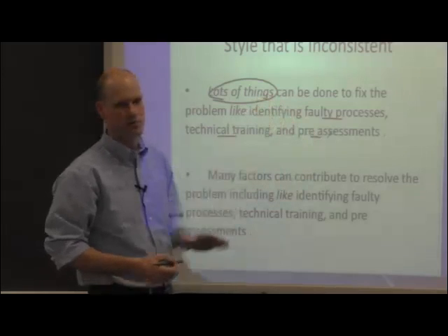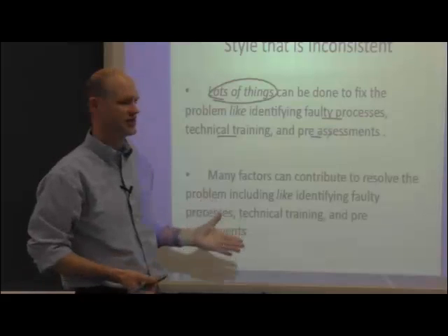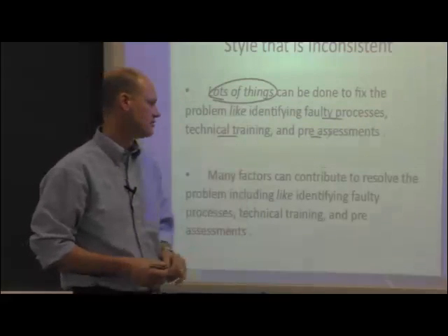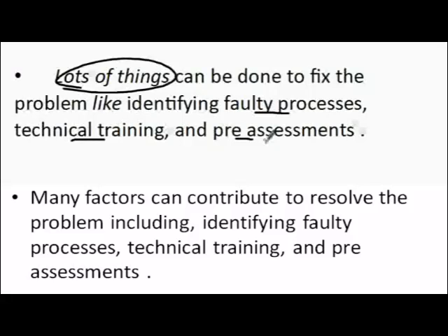Those two don't match up, so you have an inconsistent word choice with "lots of things." You would want to try and find something else, like: many factors can contribute to resolve the problem, including identifying faulty processes, technical training, and pre-assessments.